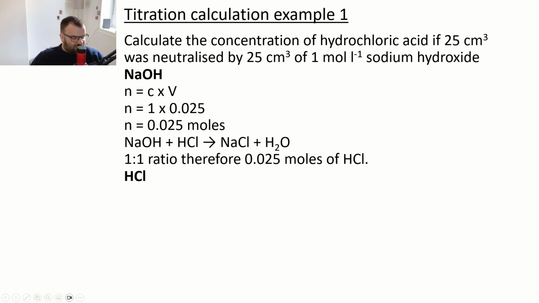We now know the number of moles of HCl. We were told the volume back at the very top. And that means we're going to do c = n/v, the 0.025 from the previous part, divided by the 25 centimeters cubed, which is 0.025 litres. That gives us a concentration of 1 mole per litre.